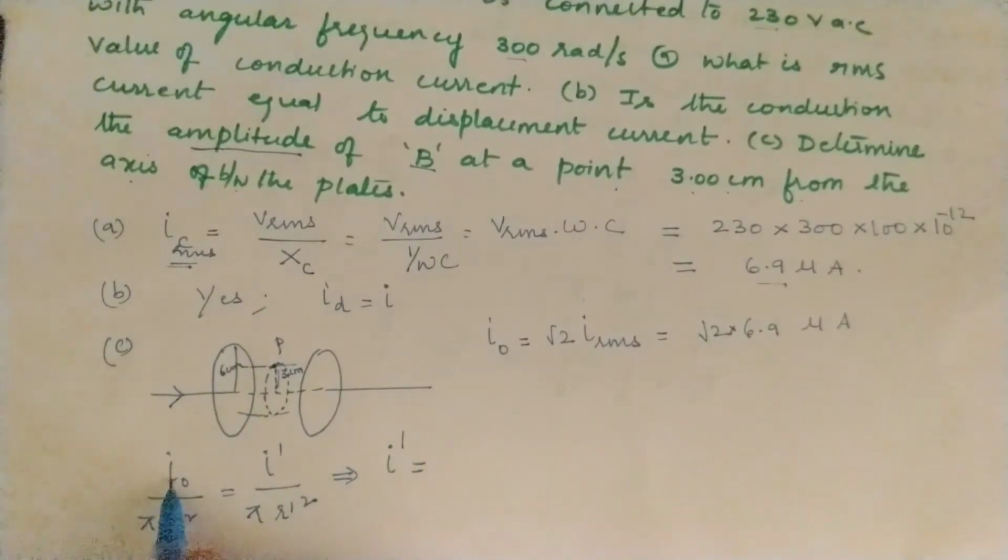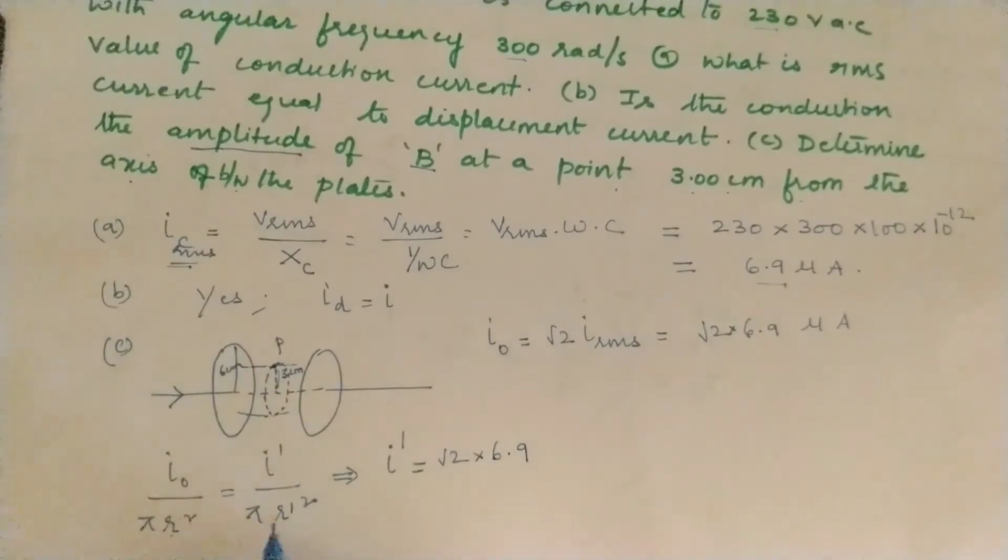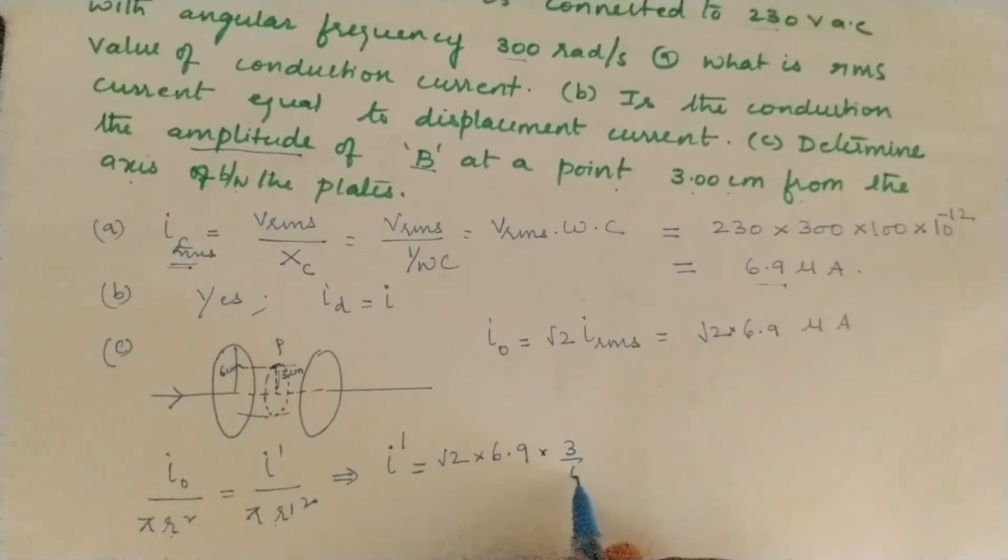I dash is equal to I naught, which is root 2 into 6.9 into R dash square divided by R square. R dash is 3 by 6 whole square. So the current comes out to be root 2 into 6.9 into 1 by 2 whole square, is 1 divided by 4 ampere.